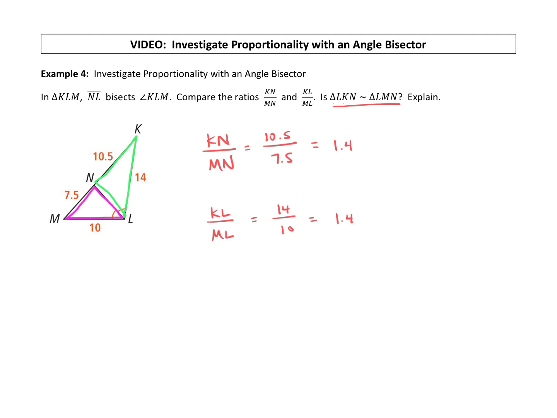Well, we cannot say that the triangles are similar with just two congruent ratios. That would be a side-side similarity, and that's not a thing. We need to check the third side to see if we have a side-side-side similarity.